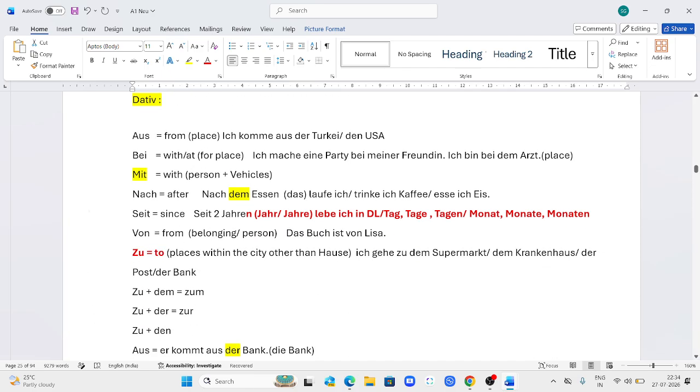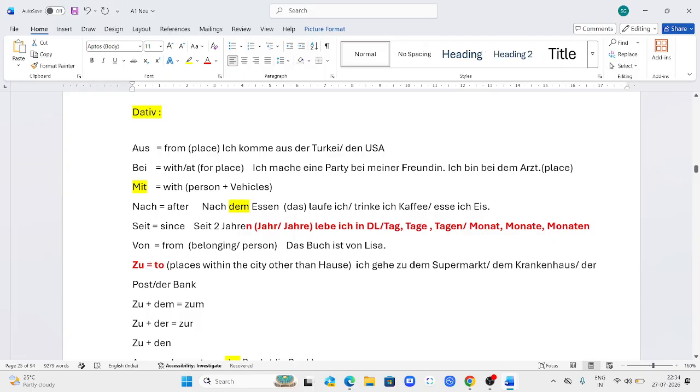Then comes dative, and I have written when to use. Aus means from, and it is used for place. Bei means with or at, again it is used for place. Mit is for person and vehicles. Nach is after the food, after the work, after the sport.